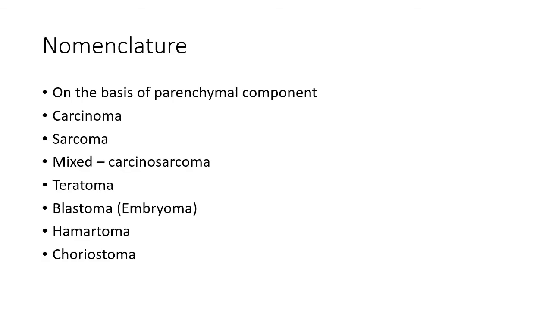Coming to nomenclature, or how different categories of tumors or neoplasia are named, neoplasia is generally named based on the parenchymal component. Any neoplasia basically has two components: the parenchyma, which is comprised of proliferating tumor cells and which is the major component, and supportive stroma, which is composed of fibrous connective tissue and blood vessels which provide a framework and support these proliferating tumor cells.